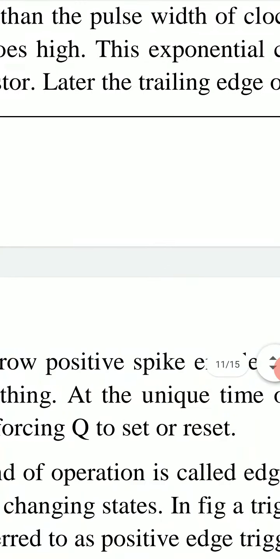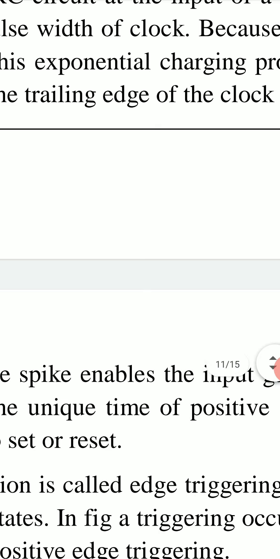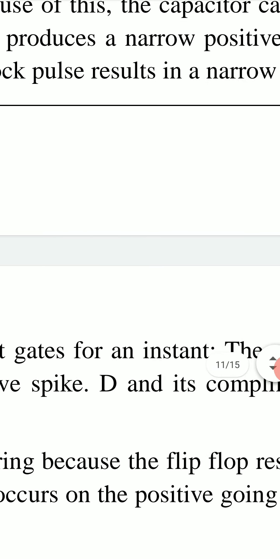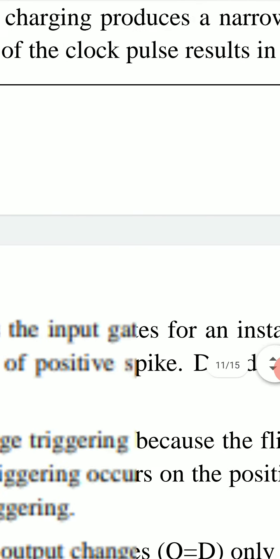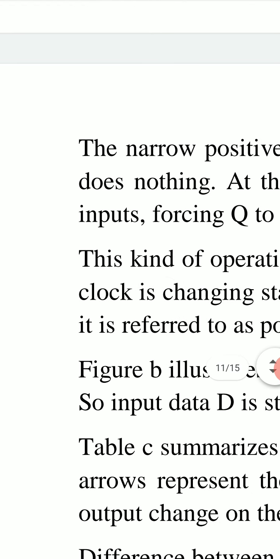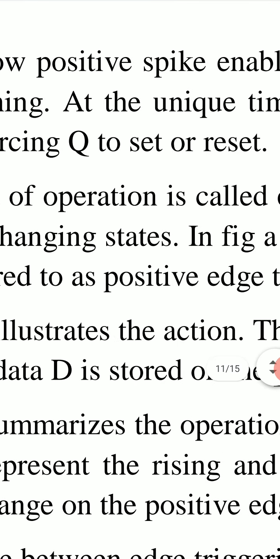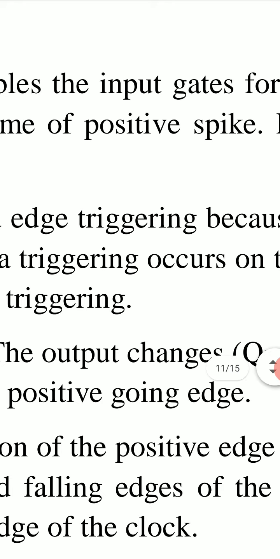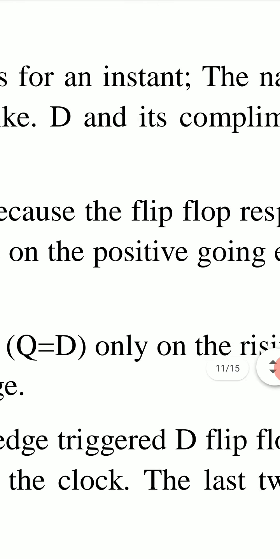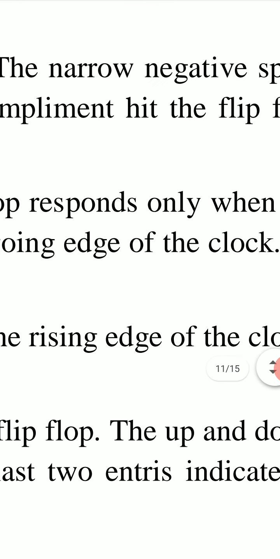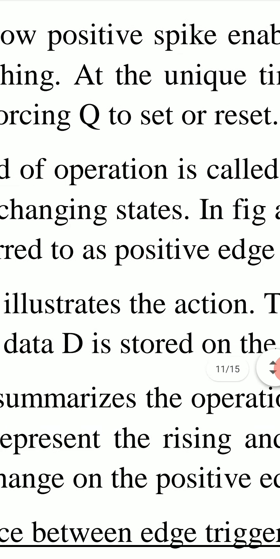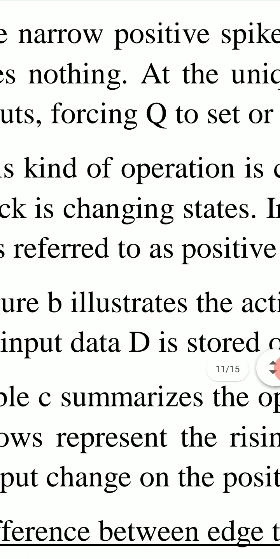Later, the trailing edge of the clock pulse results in a narrow negative spike. The narrow positive spike enables the input gates for an instant. The narrow negative spike does nothing.